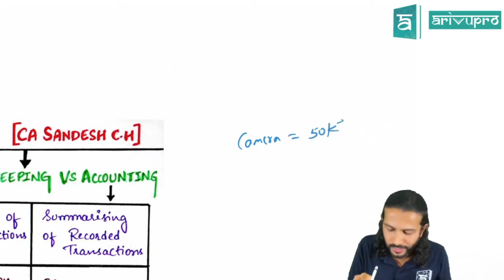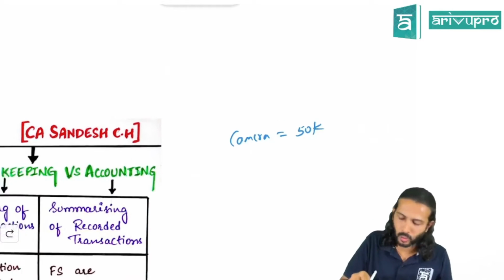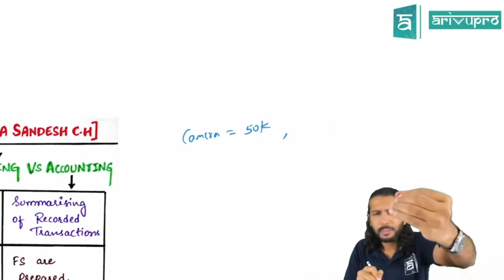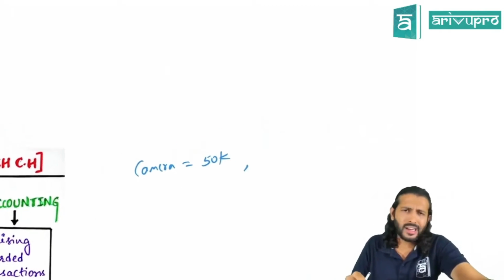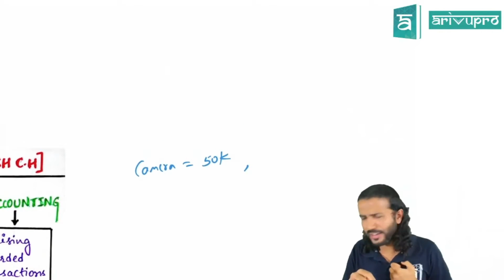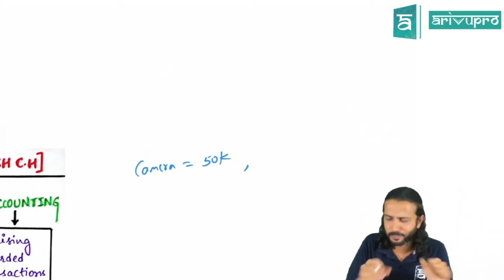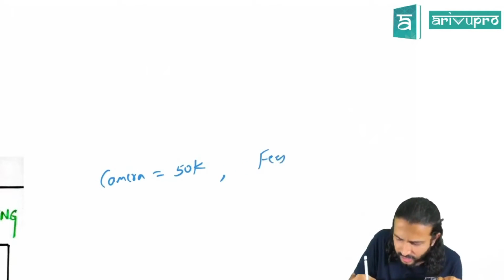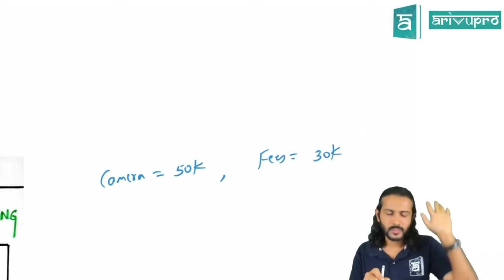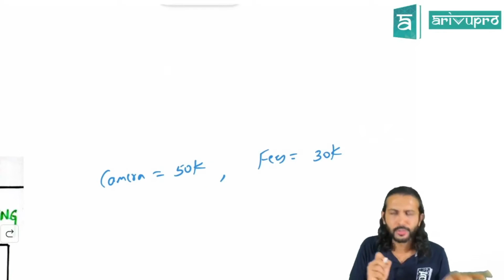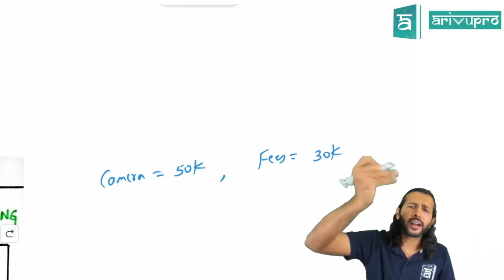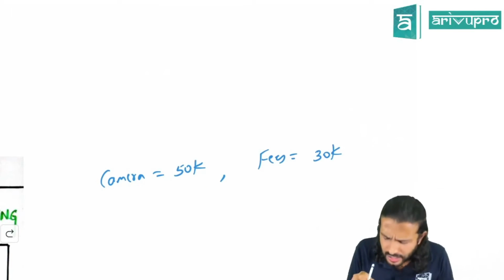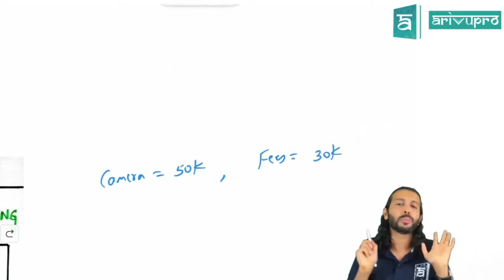Now using this camera, I am conducting a class. When I conduct a class, you're going to pay me fees. Let's say I collected total fees of 30,000 rupees.